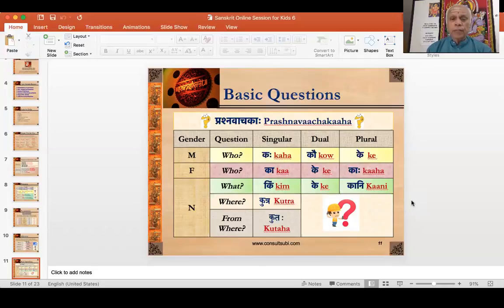Singular, if it is a girl or a lady, you say ka. And dual is ke, and plural is kaha. Note the difference: ka, ke, kaha. I will give you some examples later on, okay?